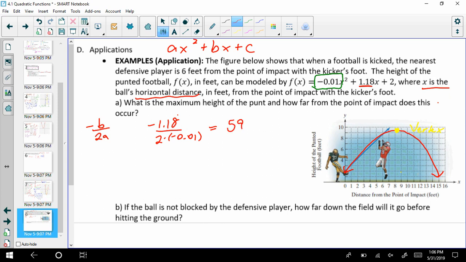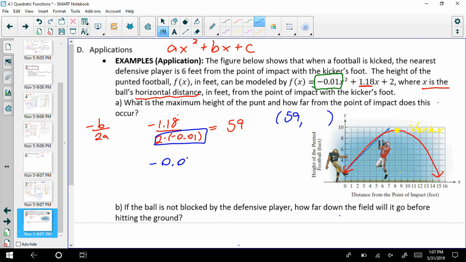Now, if you don't see that number out, be careful if you're putting this all into the calculator at once. You need to make sure you do this multiplying down here first, and then take negative 1.18 divided by that. So now that's my x-coordinate of the vertex. To get the y, we have to plug that 59 back in for the x's.